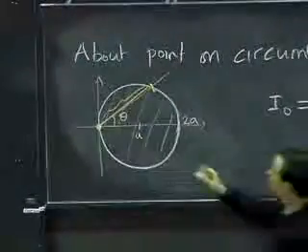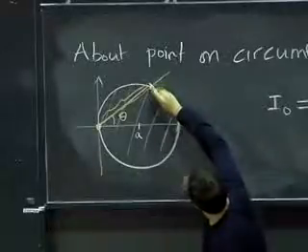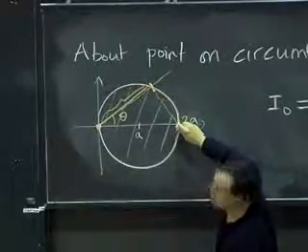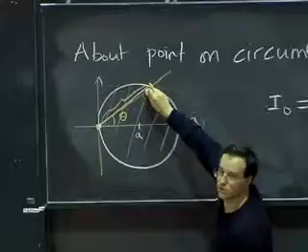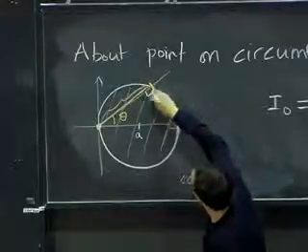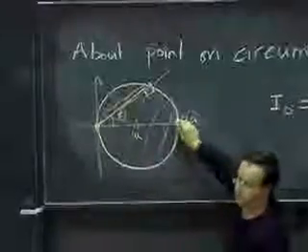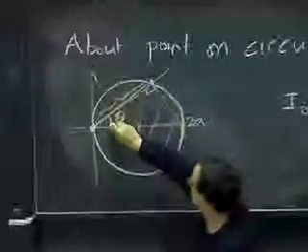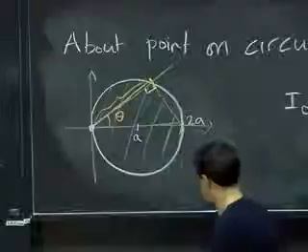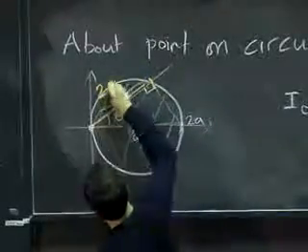If you draw this segment in here, you know that here you have a right angle. So you have a right triangle. The hypotenuse here has length 2a. This angle is theta. This length is 2a cosine theta.